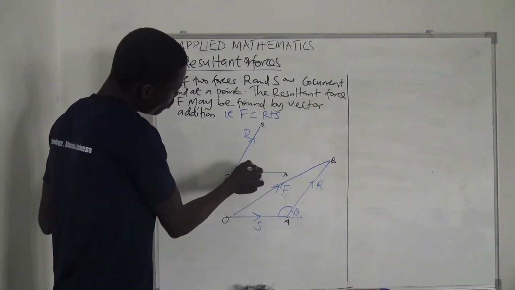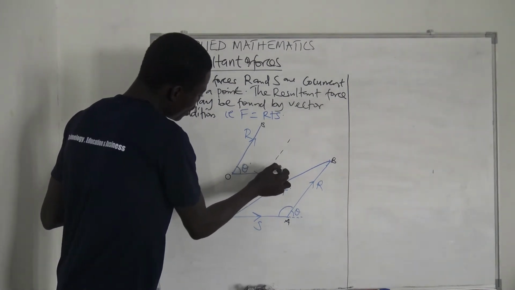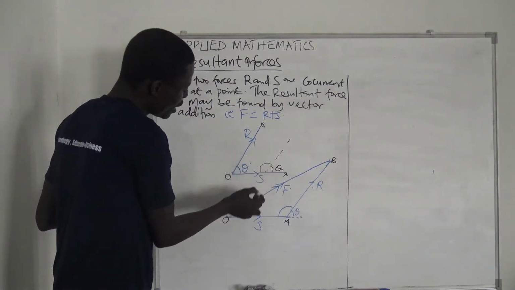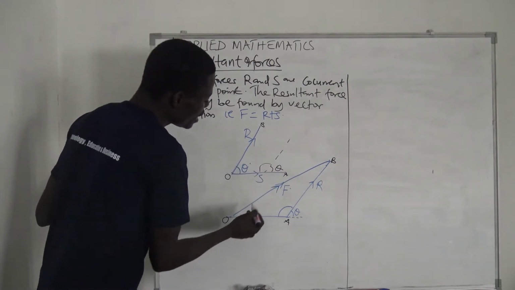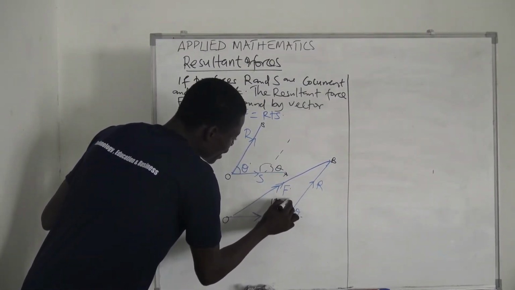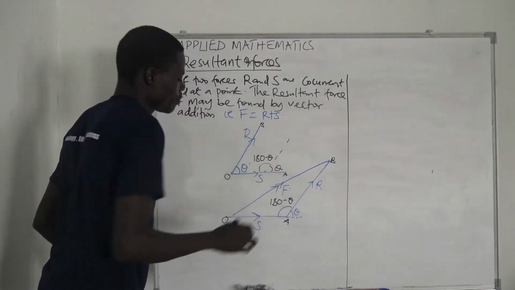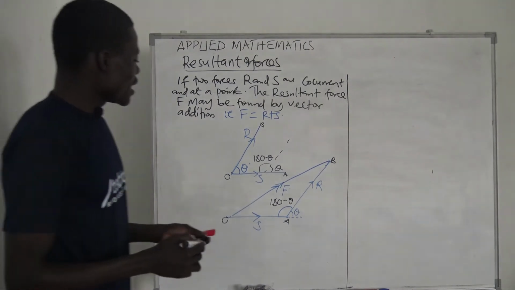If you shift this point to here, in the same direction as this one, since angles on a straight line are 180, here you shall get 180 minus theta. So that's how we are getting that angle.